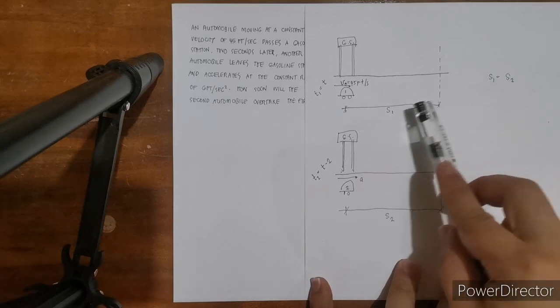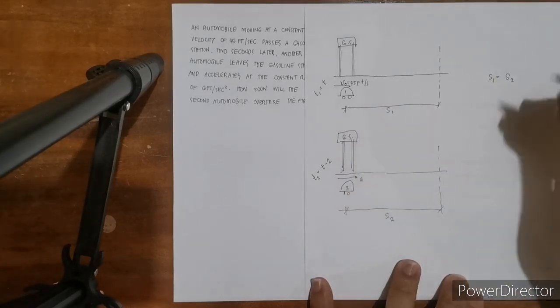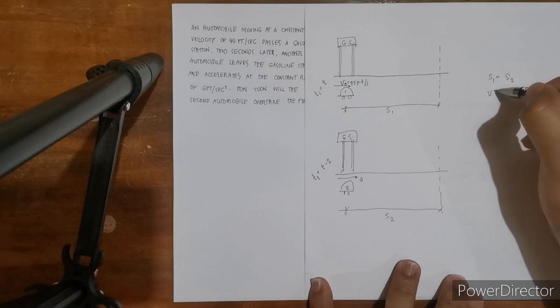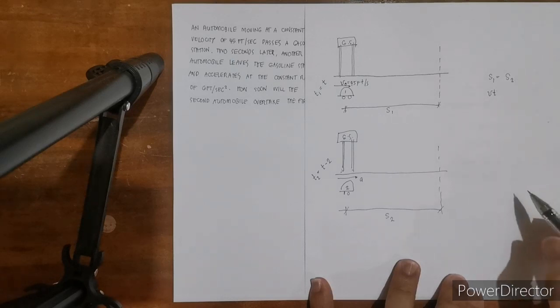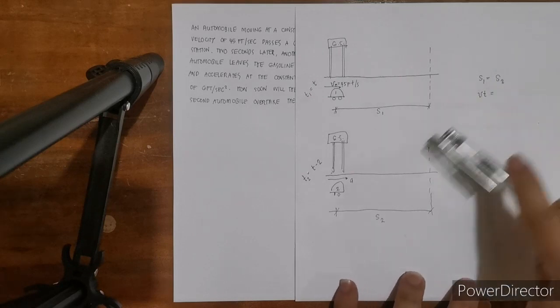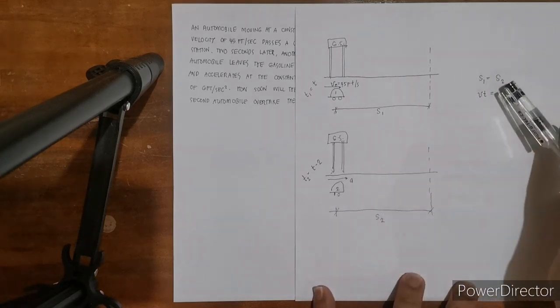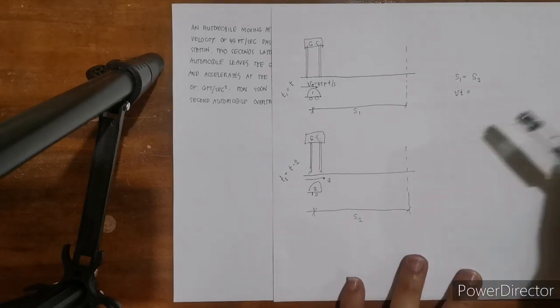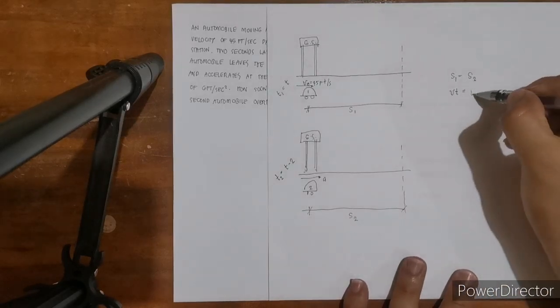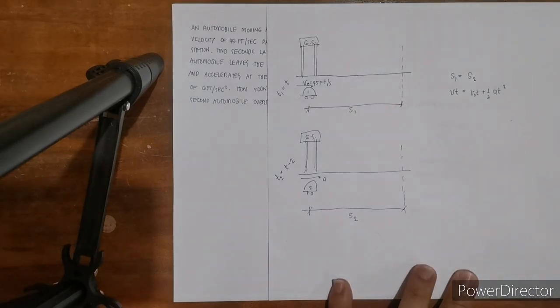First automobile is moving at a constant velocity. So, ano yung S sa constant velocity? Velocity times the duration, equivalent to S2. Second automobile is moving at a constant acceleration. Again, what is S? In constant acceleration motion, that is V0t plus 1/2 at squared.